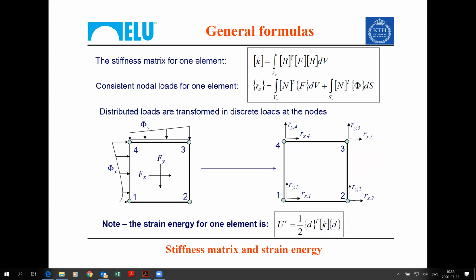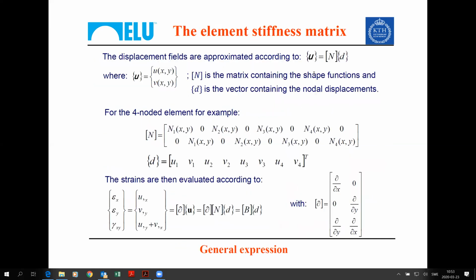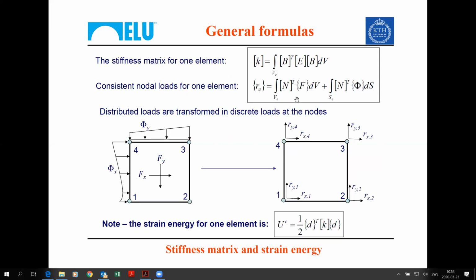If we make sure that in the shape functions matrix, so in N, the matrix containing shape functions, we have functions which are easy to handle, for instance, polynomials, then we will be able to integrate this without too much trouble.